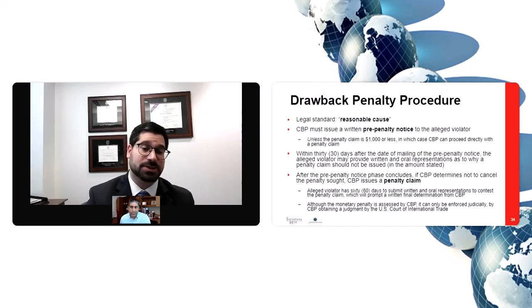But what is interesting is that throughout this entire process, drawback penalties are one of the few types of customs penalties that can be compromised and settled before actual payment. So there is still another avenue kind of lurking in the background of all of this where the violator can perhaps mitigate their penalty.